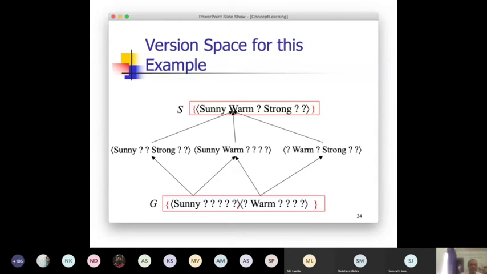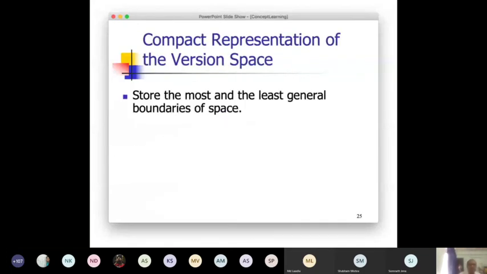Anyway, let us understand this process. As you can see, any hypothesis at the bottom layer is more general than the other hypotheses where the arrow is pointing. So we need a compact representation of the version space.